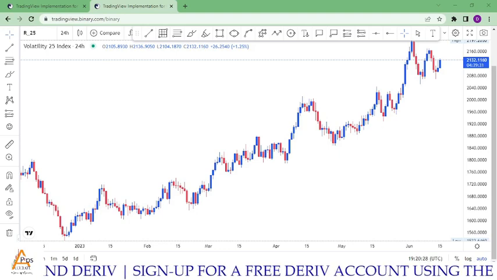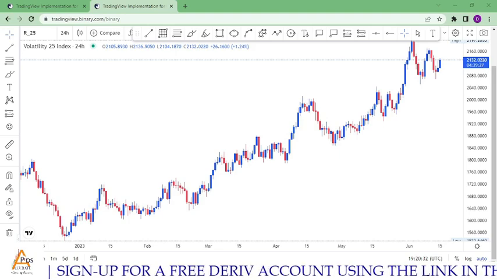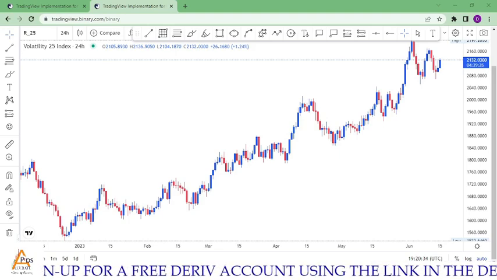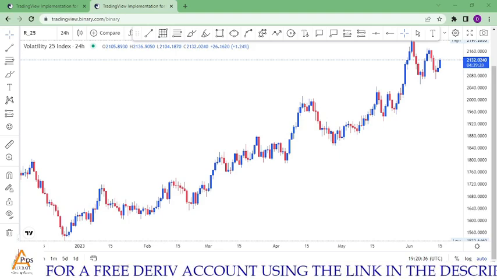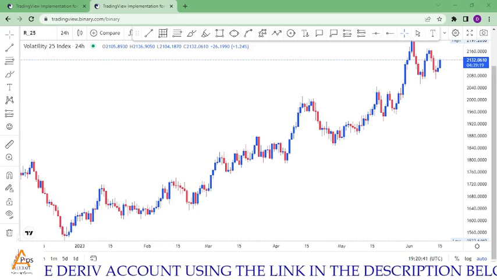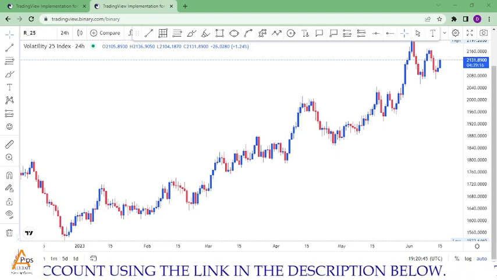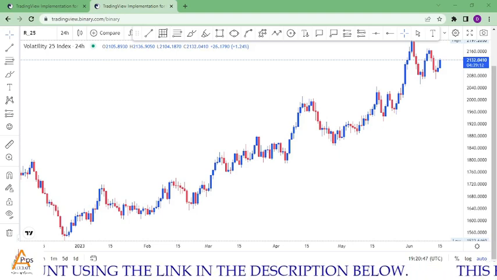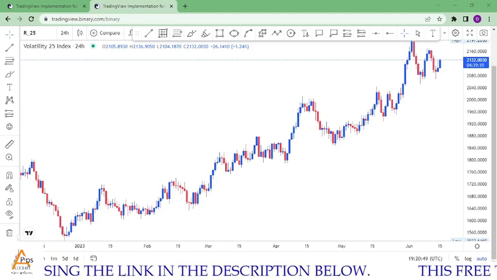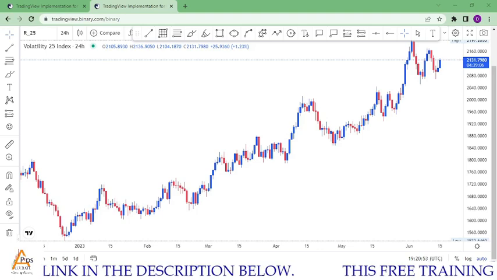It is either moving up or moving down. That is a trending market. The two types, as I said, are the uptrend or upward movement, also known as the bullish market, and the downward movement or downtrend, also known as the bearish market.